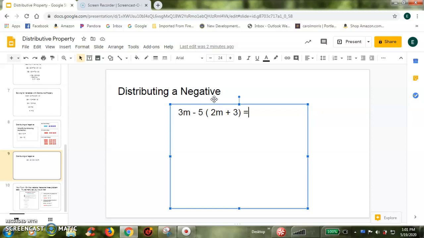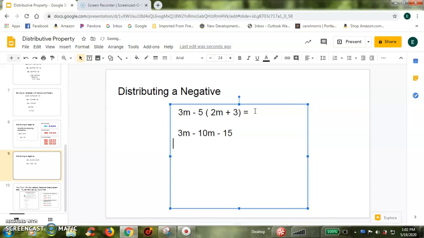So we distribute the negative 5 to each thing inside the parentheses, and that takes care of the negative. The 3m stays the same. Note, I don't need to write that subtraction sign. I'm thinking about it as a negative, and I'm going to take care of that as I'm distributing. So negative 5 times 2m is negative 10m, and then negative 5 times positive 3 is negative 15.